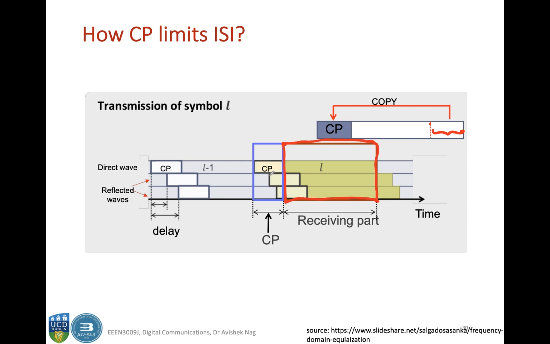Even if these are the reflected waves, we don't have the data of the previous blocks in the receiving window. We have the part of the cyclic prefix, not the data part. Ideally the maximum delay that you can have is the length of the cyclic prefix.